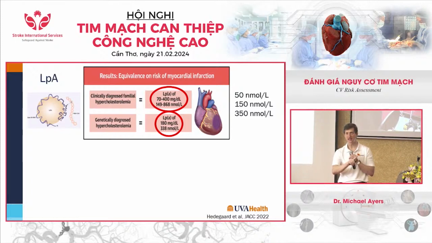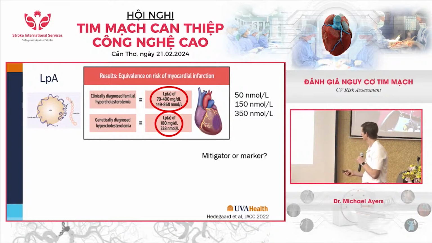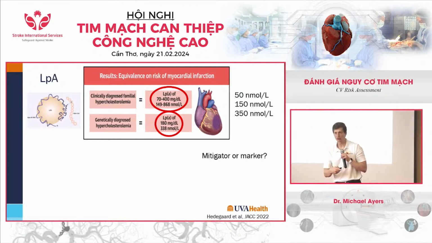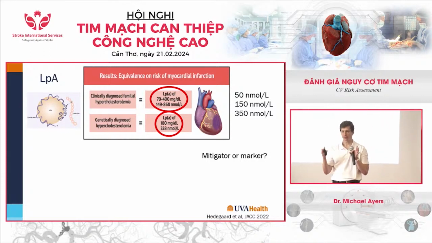The nice thing about LPA is it doesn't change in life, it's flat, and so you check it once, you know somebody's LPA. Now, I will be honest with you, we don't know if this is a mitigator or a marker. What do I mean by that? When you start a fire, if you try to put out the fire by blowing smoke away, your kitchen and your house will burn down.